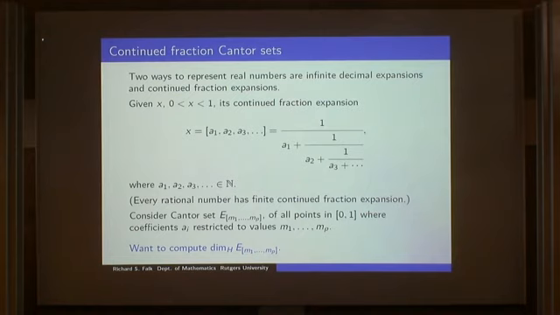Every rational number is going to have a finite continued fraction expansion. And now people in number theory are interested in the question, suppose I restrict the a's in the continued fraction expansion to specific values. So the a_i's could be m1 up to mp. And then I want to compute the Hausdorff dimension of everything I get, all these numbers.